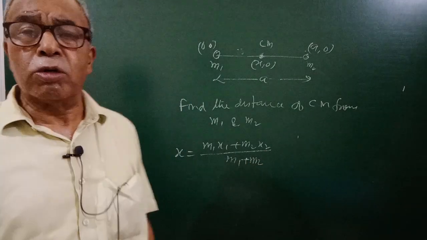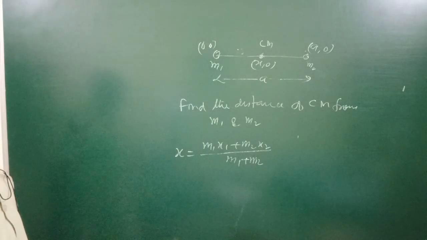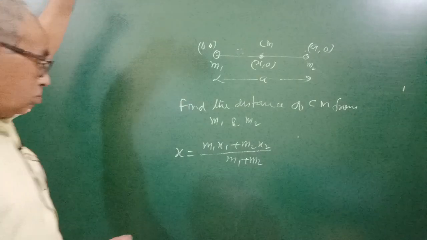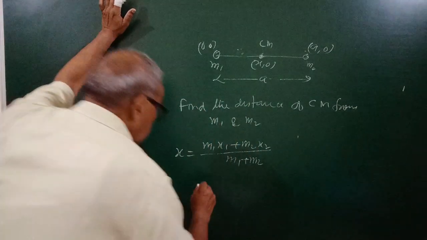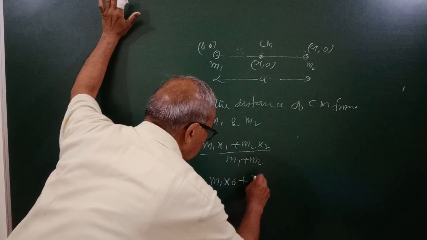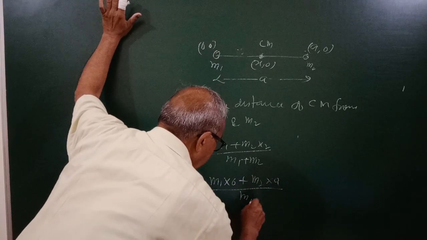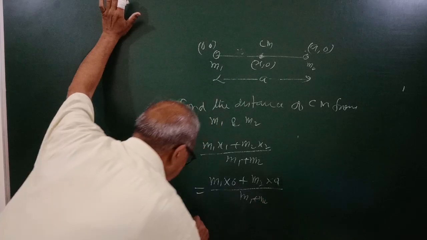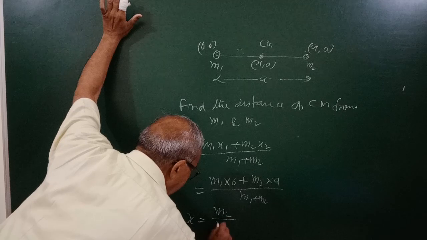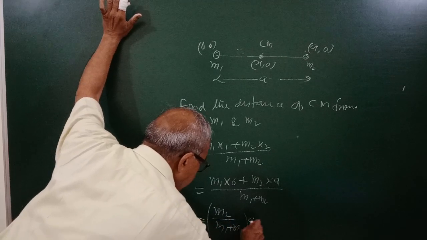Generally, why we don't get questions solved is because we start thinking another way than the theory of the question. So m1 into 0 plus m2 into a upon m1 plus m2. So x is equal to m2 upon m1 plus m2, into a.